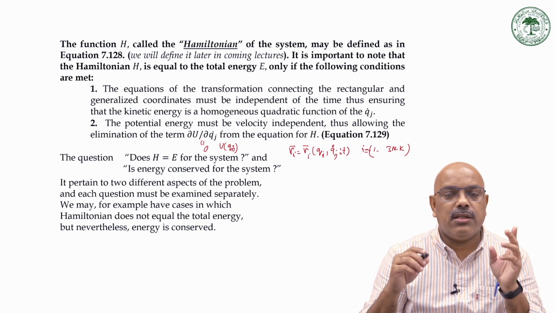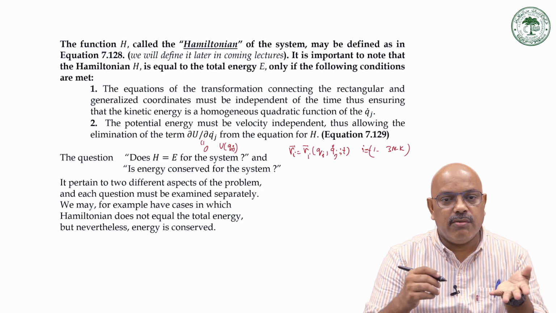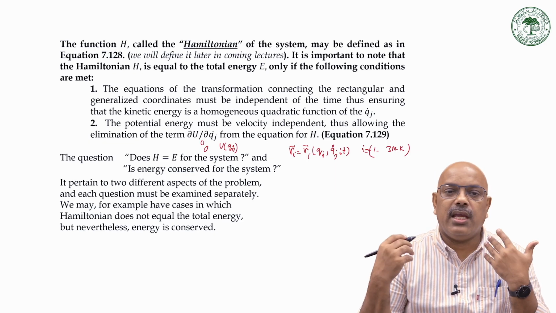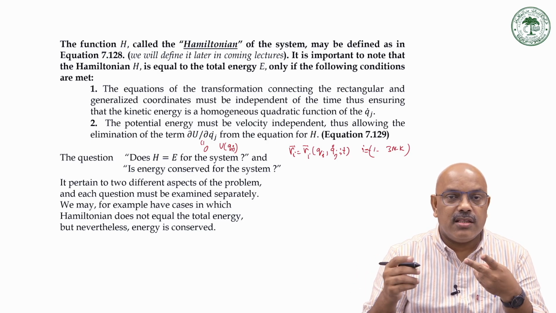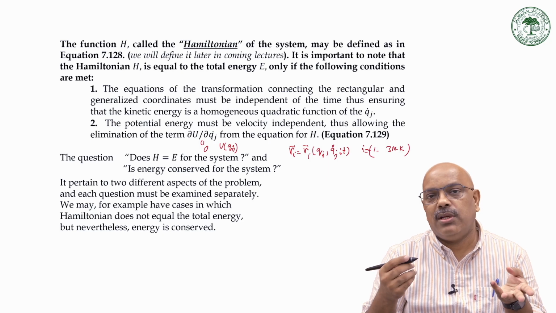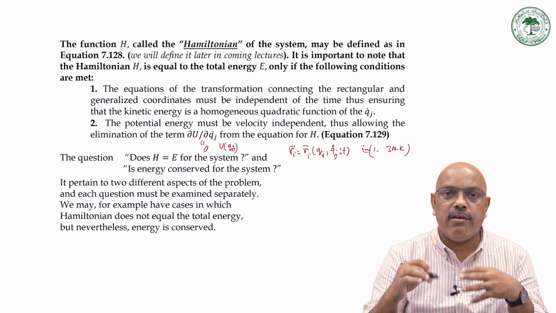But the question is: is this Hamiltonian equivalent to the total energy of the system? And the second question is: is the energy conserved for the system? These two are different things. In most cases, the Hamiltonian of the system is going to be the total energy of the system, but it's not always so.